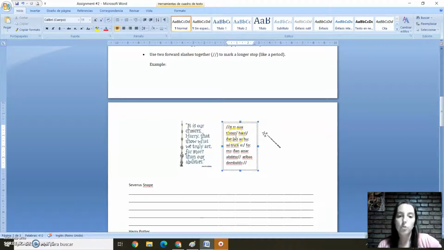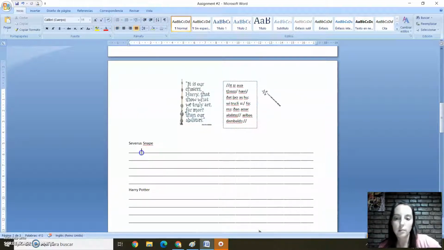It is our choices, Harry, 1 forward slash, because we have the comma here. It is our choices, Harry, that show us who we truly are, far more than our abilities. 2 forward slashes because the paragraph ends, and then Albus Dumbledore. Okay? That's how you do it for you to start work.